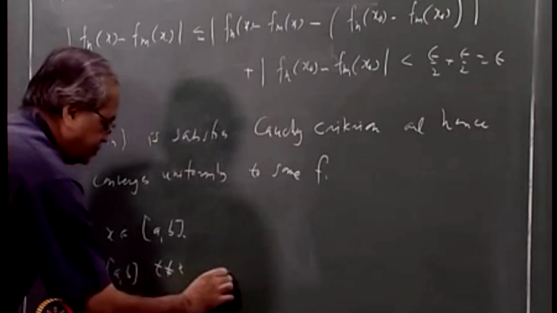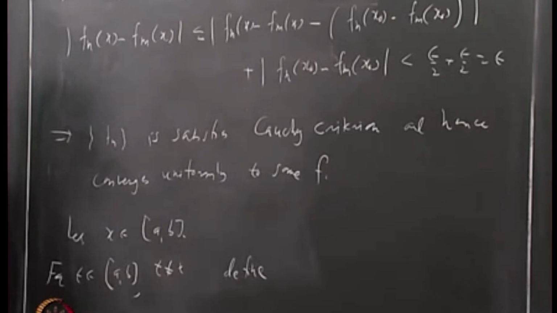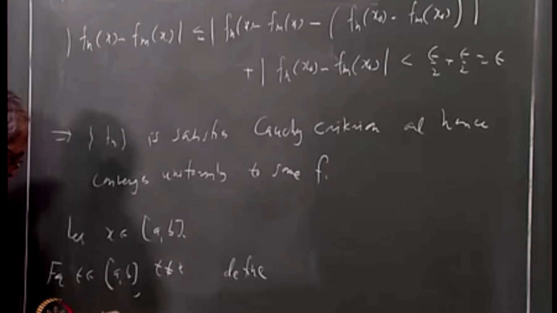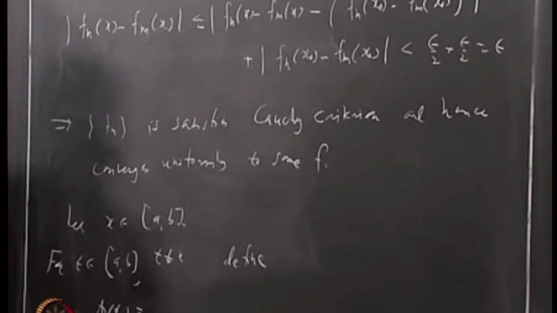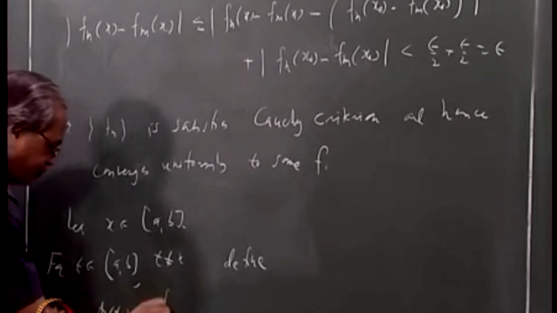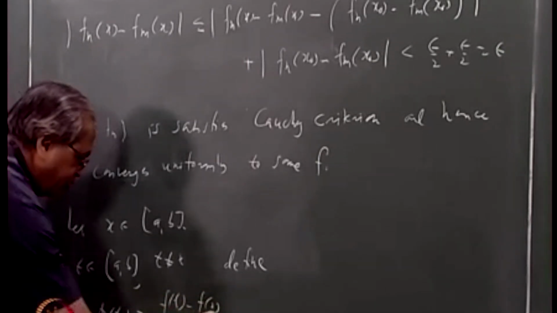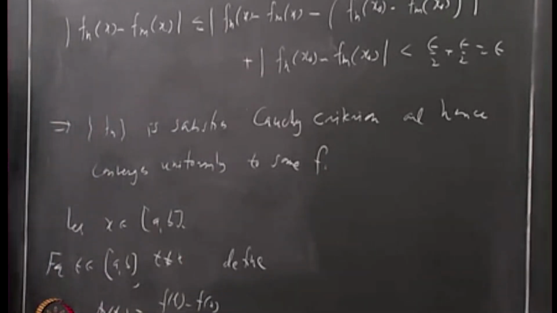Define several functions. The first function I will define is phi of t, defined as follows: f(t) minus f(x) divided by t minus x.